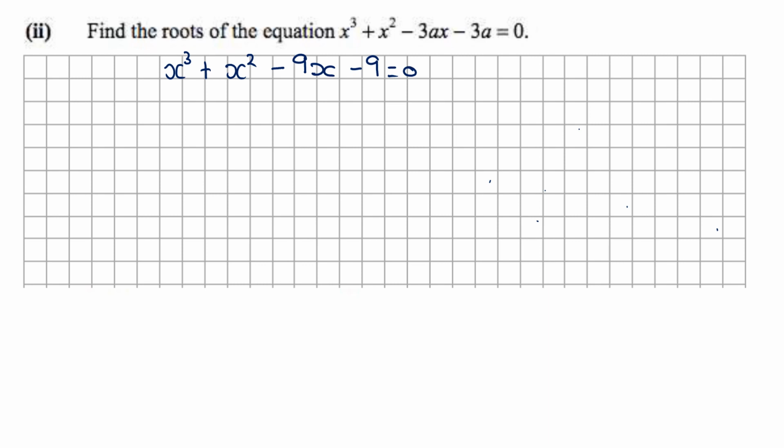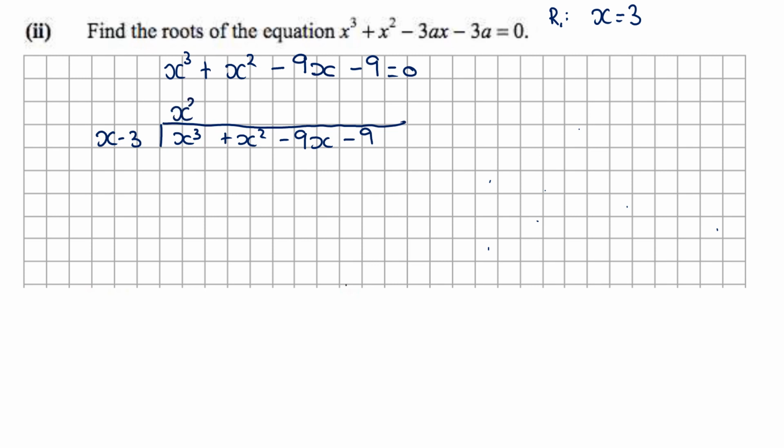So if I want to work out the roots, I already know one root. So root 1, so we know x is equal to 3, because we knew that x minus 3 was given as a factor. So if we divide x minus 3 in here, we'll be left with a quadratic, which we will be able to solve for the other two roots.